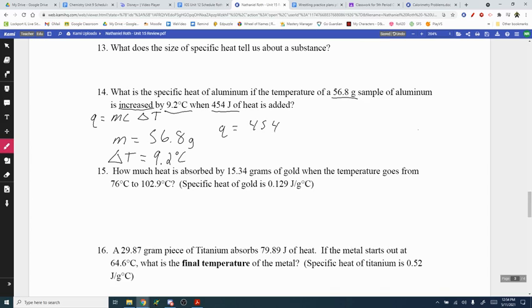Okay, so from here, we need to rearrange our equation. We are looking for C. So we have to get C by itself. To get C by itself, we have to divide both sides by m delta T.